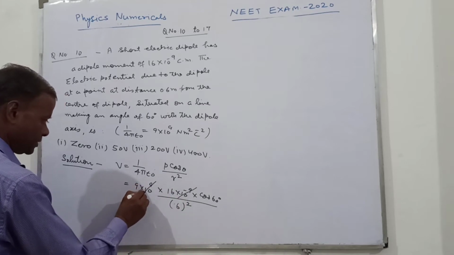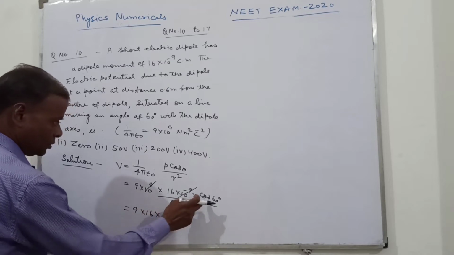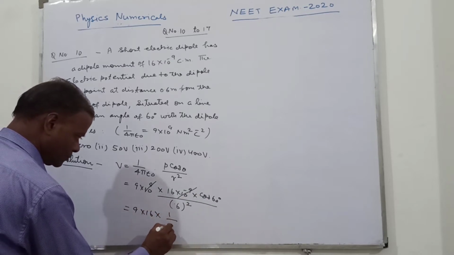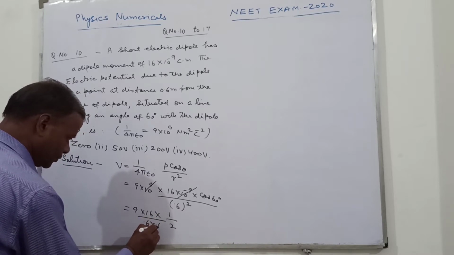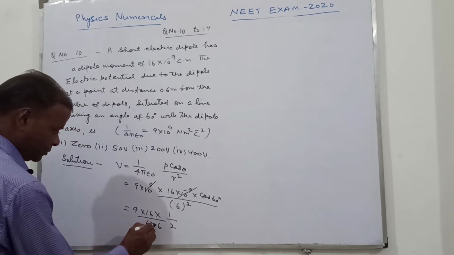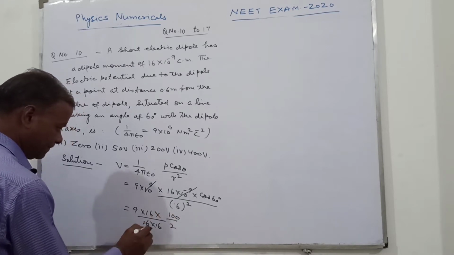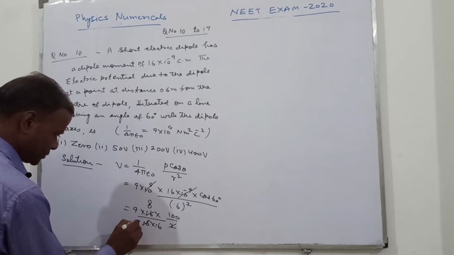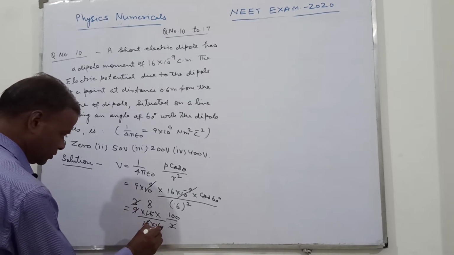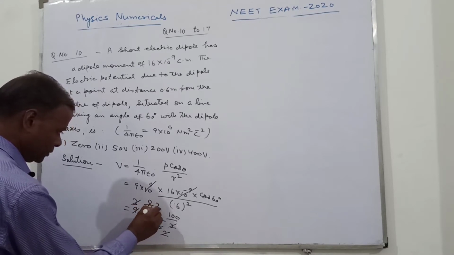So this term will cancel, and this is your 9 into 16. Cos 60 is 1 by 2, and this is your 0.6 into 0.6. Just remove these points and you will find this to be 100, and this 2, this is now by 8, 6, so 3 by 2, 3, 3, and this is 2 and 2.